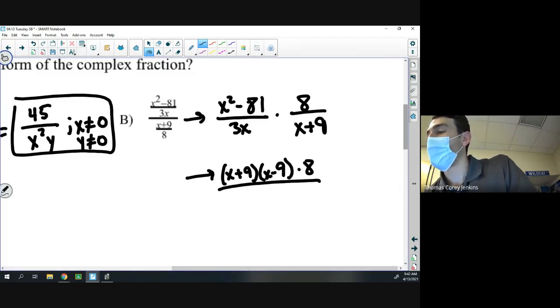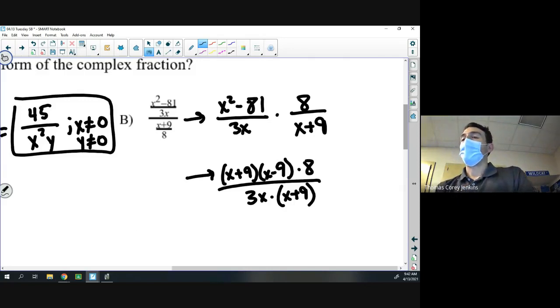So we have that multiplied by 8 over 3x multiplied by x plus 9. And then we see we do have that common factor of x plus 9 over x plus 9. So we can go ahead and reduce that way by canceling those out. And what we end up with is 8 times x minus 9.